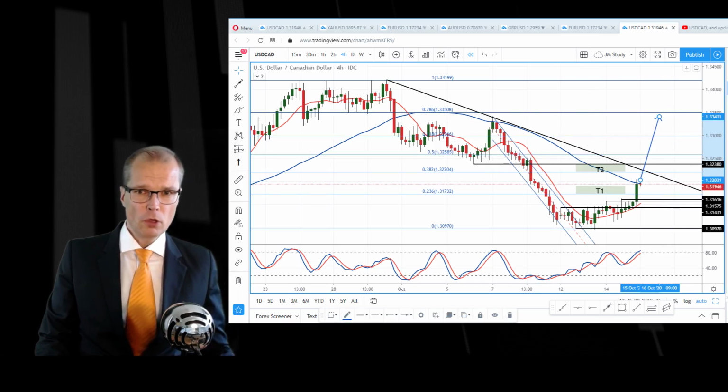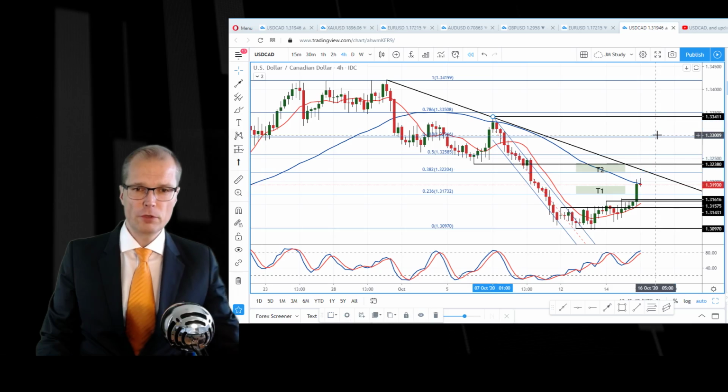Now, obviously the next question is, what are the levels after that? I think this level here where we have the October 7th high is an important one, because it coincides with the 78.6 Fibonacci retracement. But like I said, we don't know the future, and we just have to follow the price action.